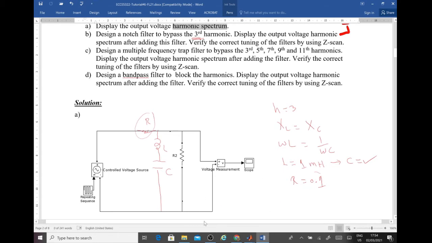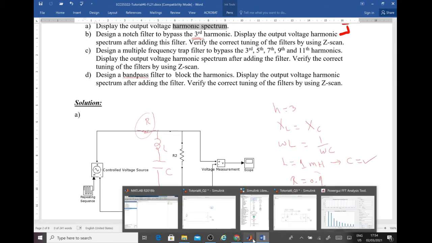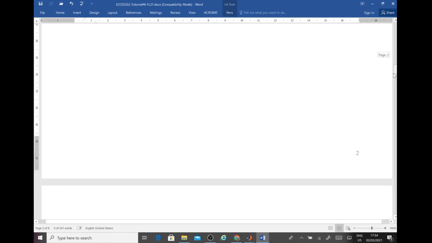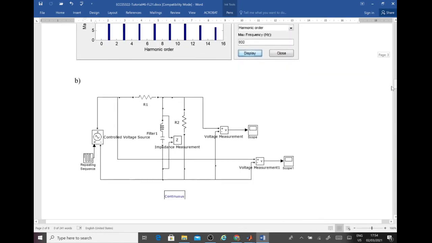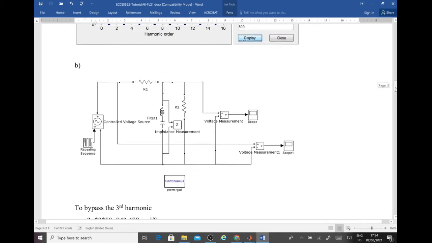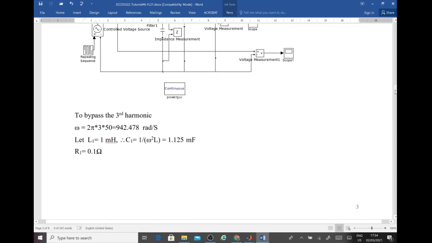Okay, now if we do this one in MATLAB, of course we can do the same process as before. You're going to obtain this kind of result. Okay, so this is LCR. We know that we would like to get rid of the third harmonic.